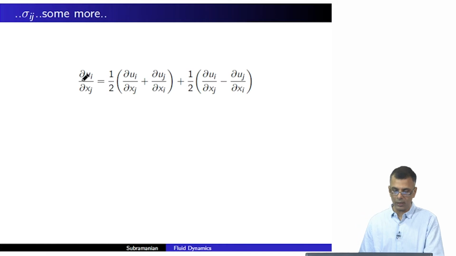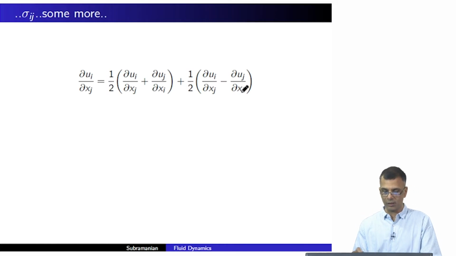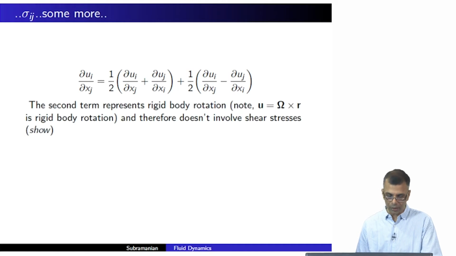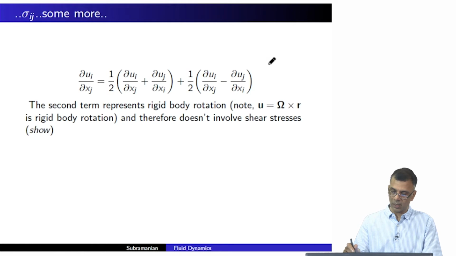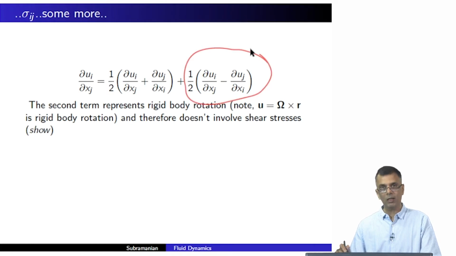You can immediately see that this is true, just algebra. There's a reason we write it this way. That's one of the most general ways of writing down du_i/dx_j. Now, it turns out that the second term represents rigid body rotation of this kind, where omega is a constant.